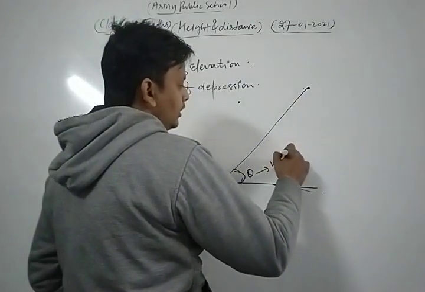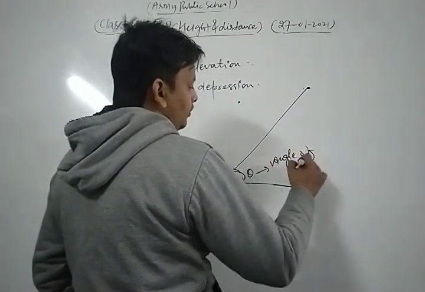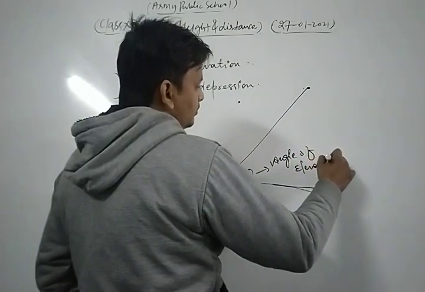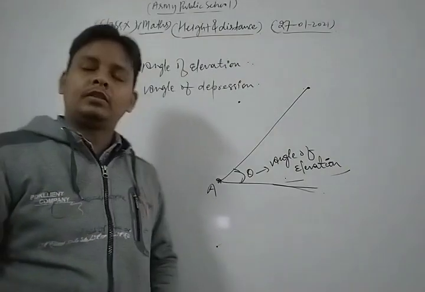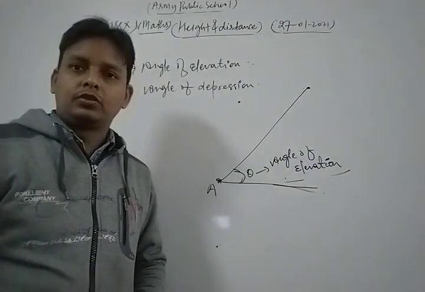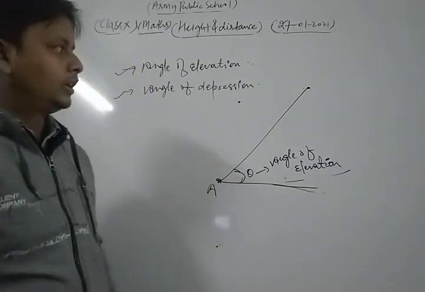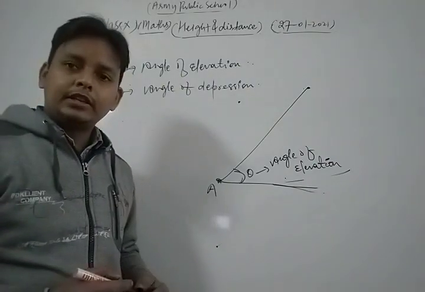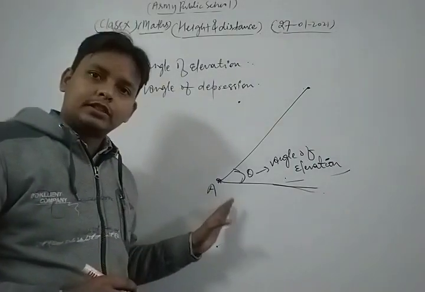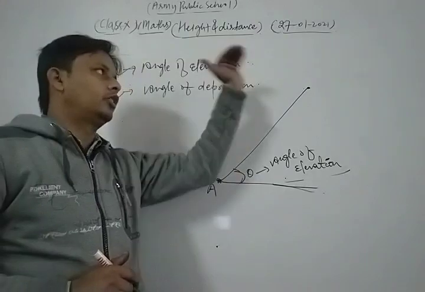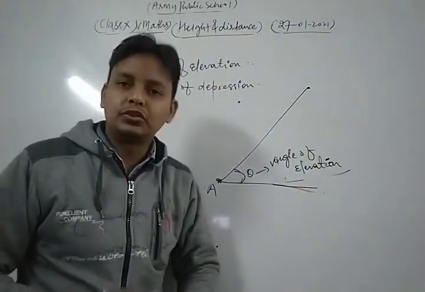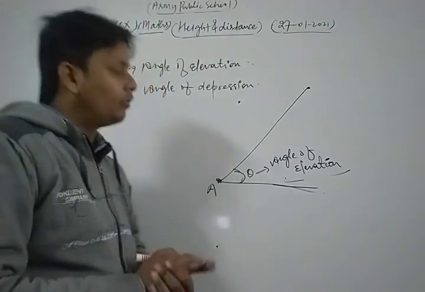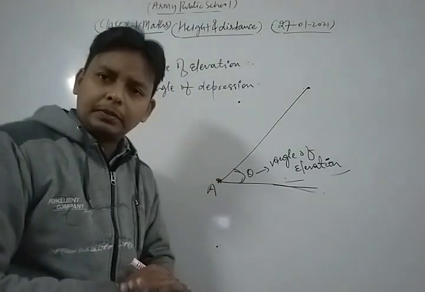This is the angle of elevation. That is, from any horizontal surface, when we observe any object at a certain height, the angle made by me on that object is known as the angle of elevation.